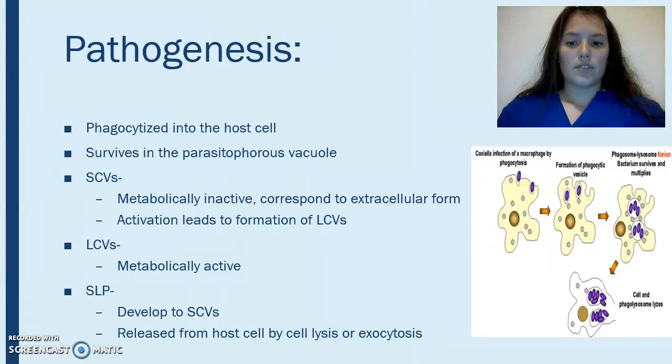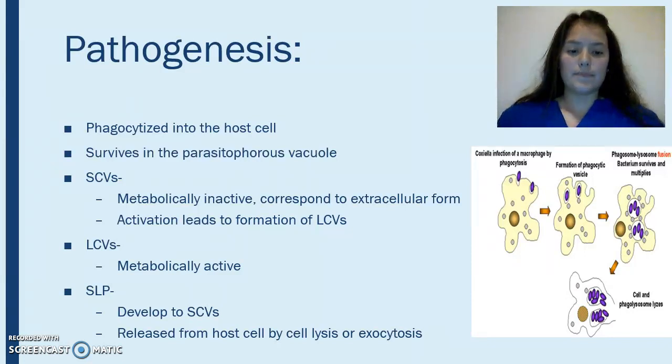So after the small cell variant helps lead to the formation of the large cell, they both divide by binary fission, and these spore-like particles are formed due to the sporogenic differentiation in the large cell variants.